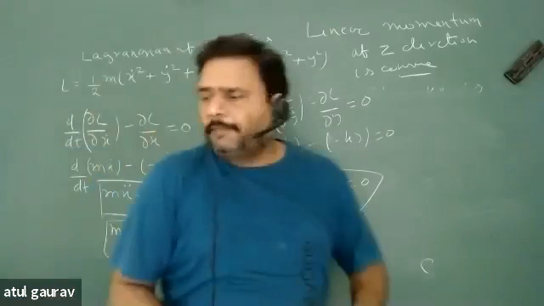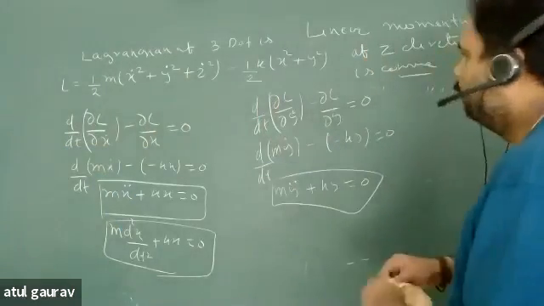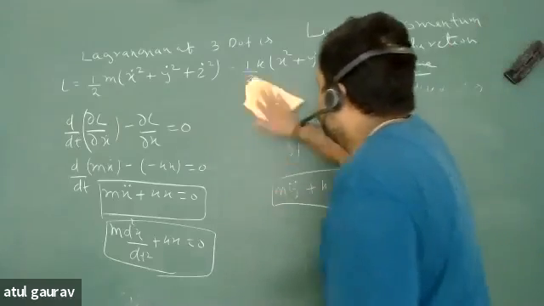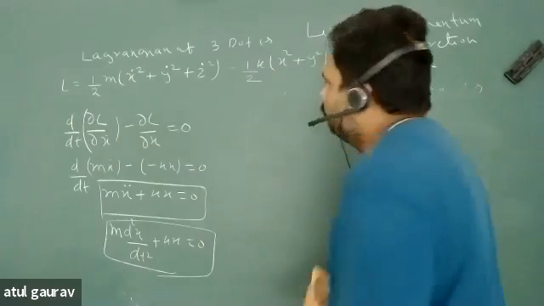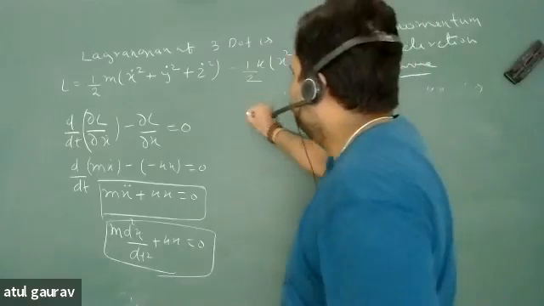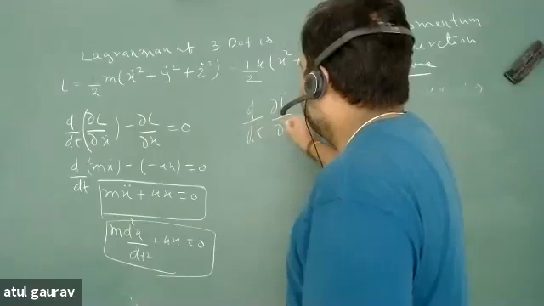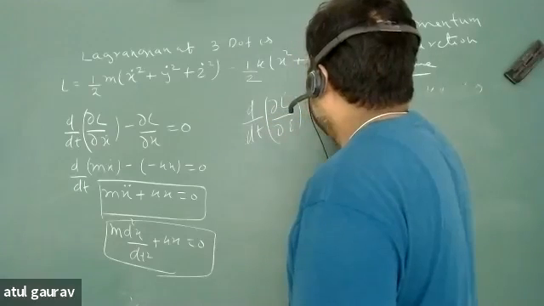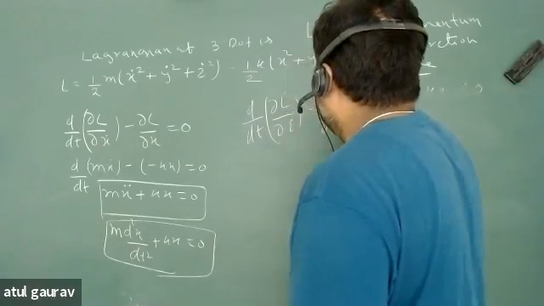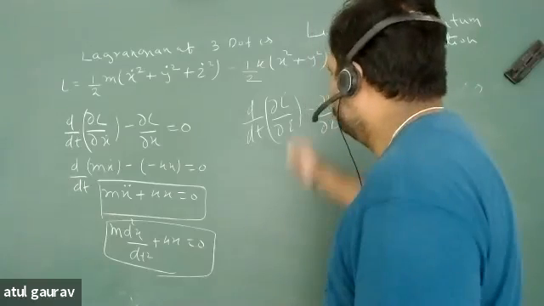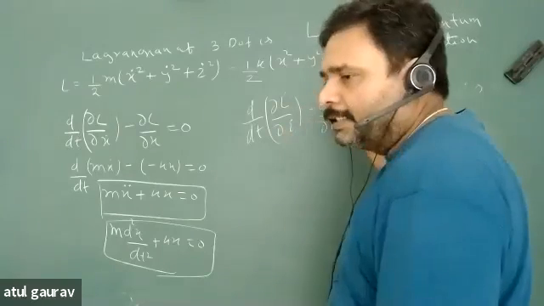For z, if you go for the equation of motion, how will you write the z part? It is d upon dt del L upon del z dot minus del L upon del z is equal to 0. And now the second term is 0 because it is a cyclic coordinate.